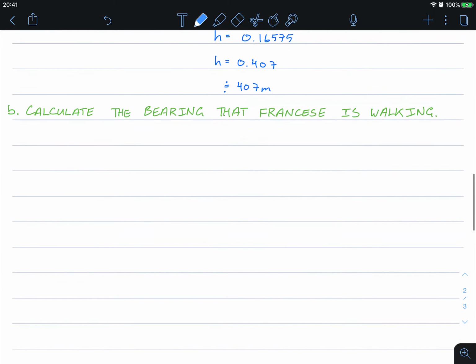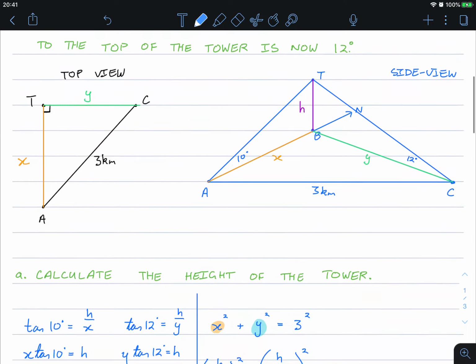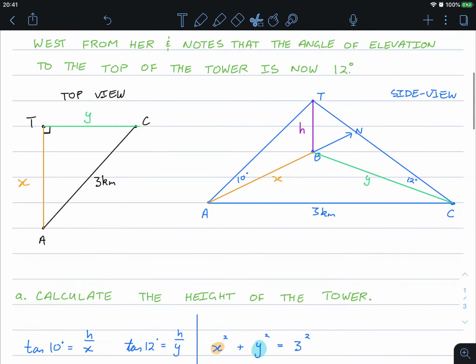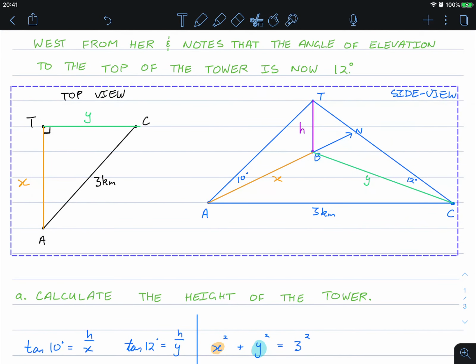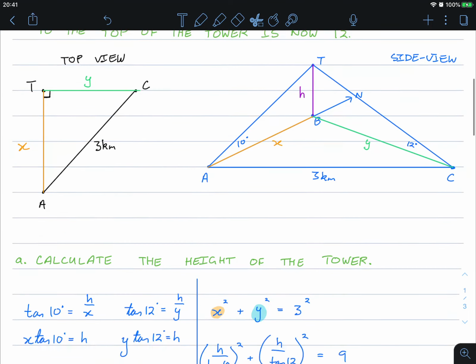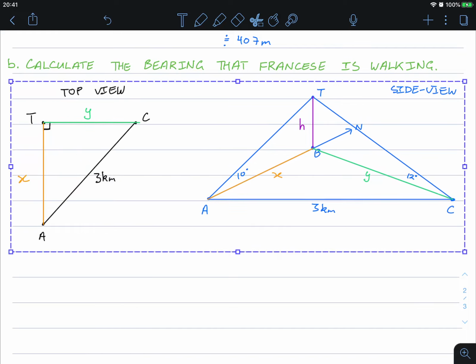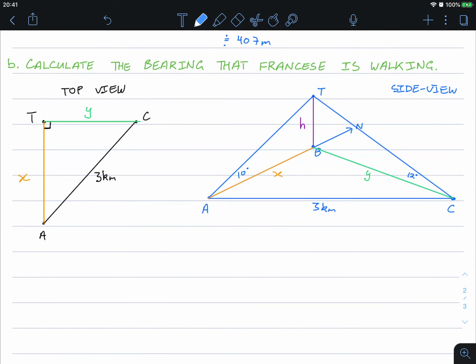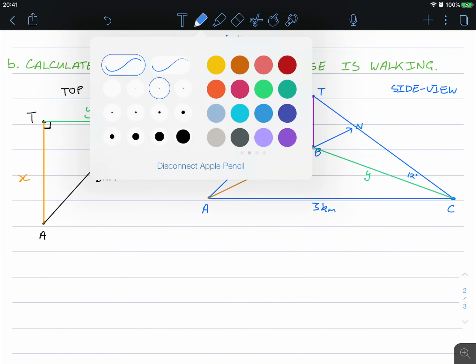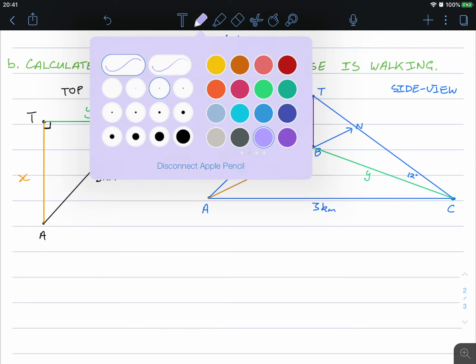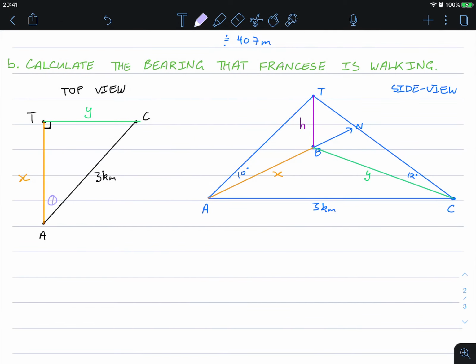Next question is calculate the bearing that Francis is walking. So the bearing, actually, you know what, just so that we're not scrolling up and down, I'm going to copy this out. There we are. The bearing that Francis is walking. So in this question, we're now going to be looking for that angle there.